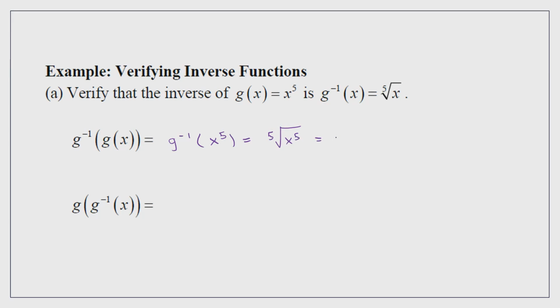When we simplify that, that will get us x. Then we are going to find g of the inverse function of g of x. The inverse function of g is the fifth root of x. So I'm going to substitute that into g of x. Now when I simplify, I get x. Okay. So I verified now that the inverse function of g of x is the inverse function of g.